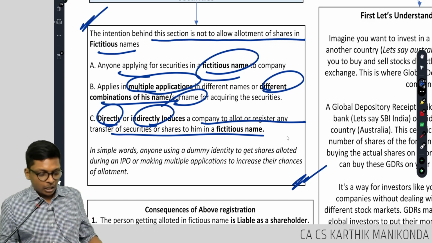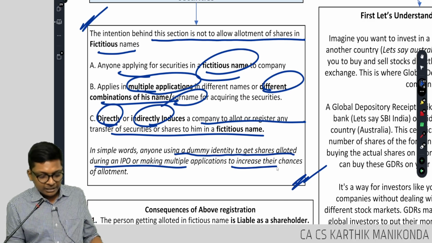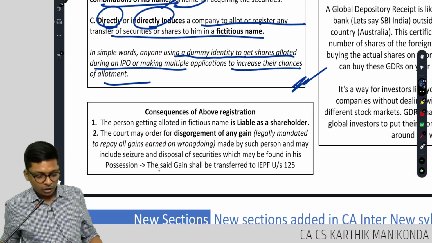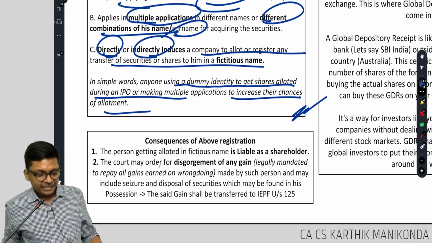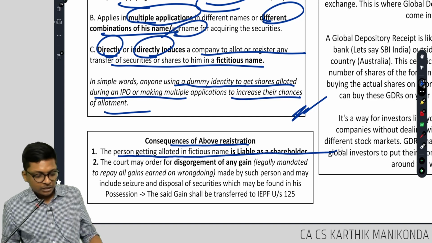In simple words, if you are making a dummy identity for allotment just to increase your chance of allotment, you will be liable.